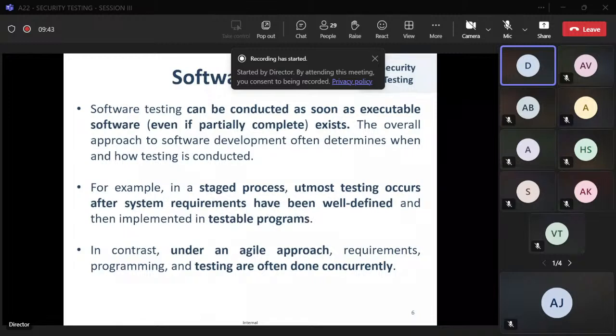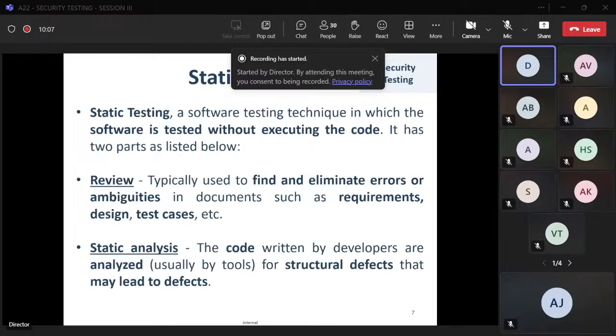Even the testing can be done concurrently, so they do not wait for a particular stage to be completed. They will even initiate some of the tests for the completed modules, so that they can be ready for the business requirements.